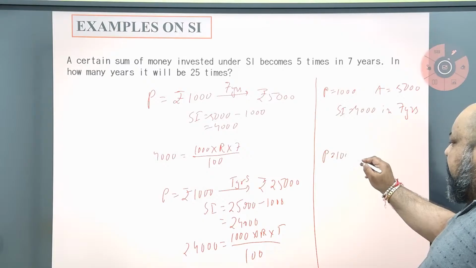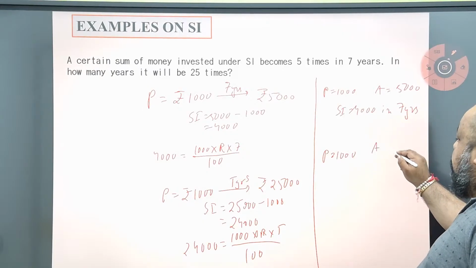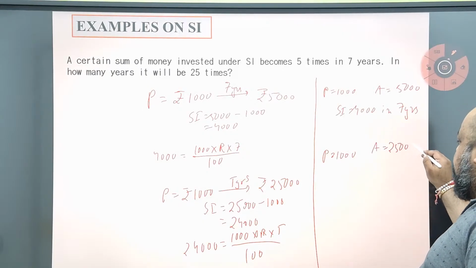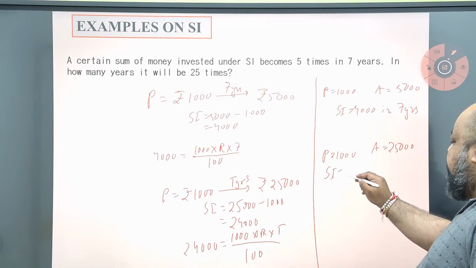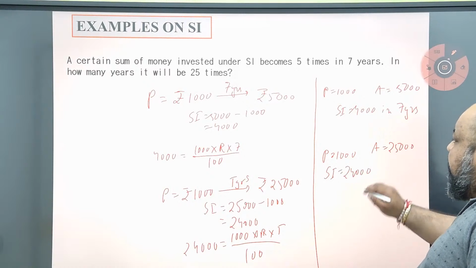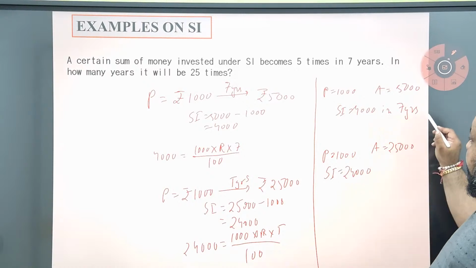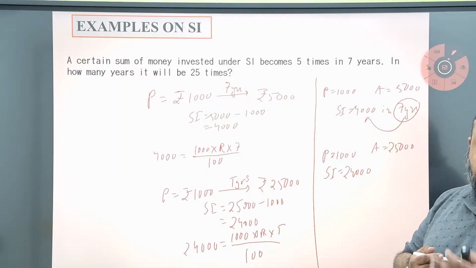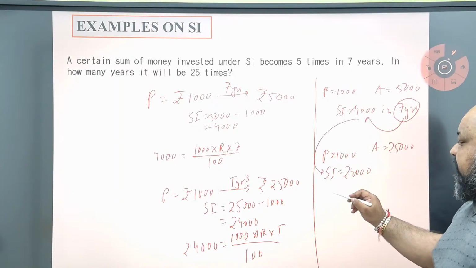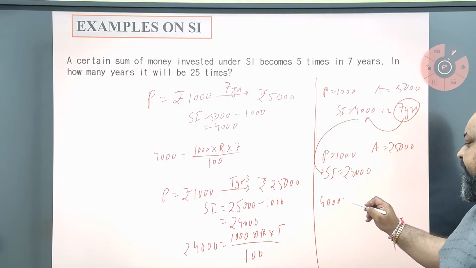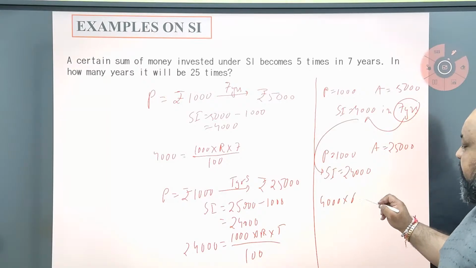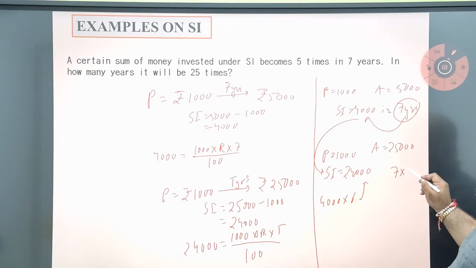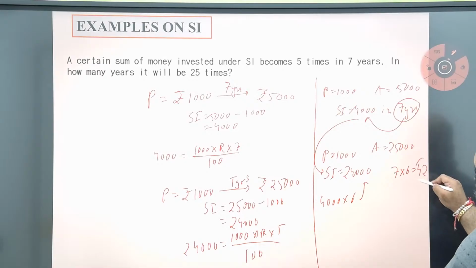I have to go from 1000 rupees principal to 25,000 rupees amount, which means we need a simple interest of 24,000. In how many years will this happen? Every 7 years I will get 4,000 as interest. 4,000 to become 24,000 has to be repeated 6 times. 4,000 times 6 is 24. So the years also get multiplied by this. And therefore the answer will be 42 years.